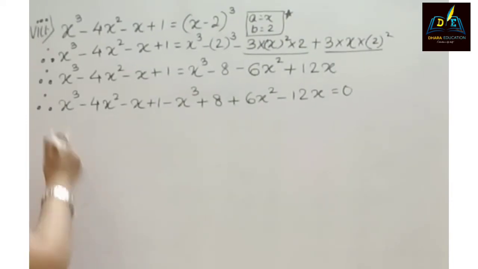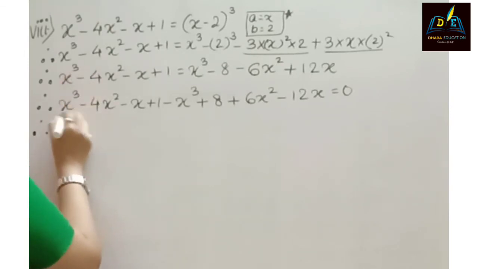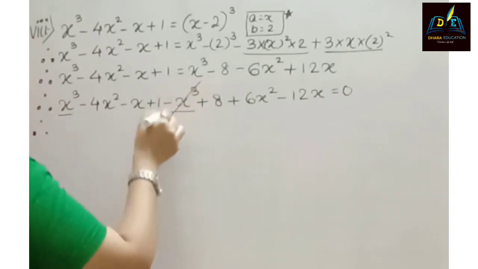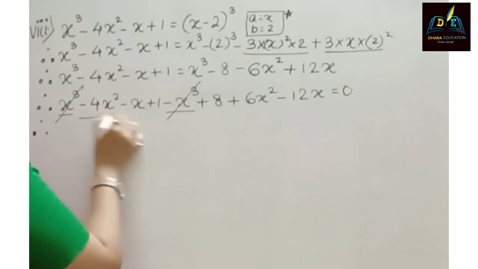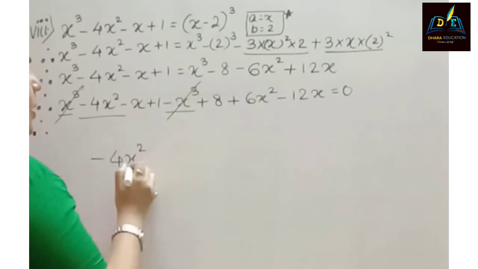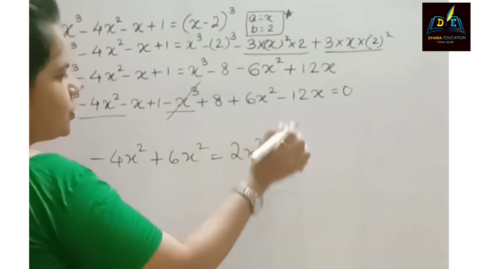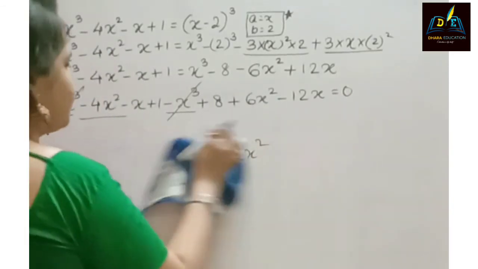So now students, we need to cancel the positive and negative terms from the left hand side. So here you can see x cube and here minus x cube. So these two terms will be cancelled. What is remaining is minus 4x square and here plus 6x square gives you 2x square. As simple as that.